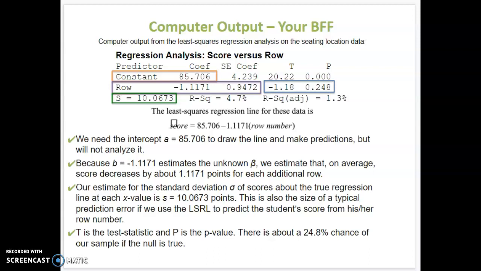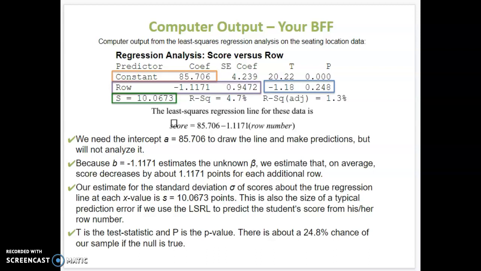And so if you take the slope and divide by the standard error of 0.9472, that gives us the negative 1.18, which is the test statistic that we saw. And then the p-value is there without me having to go to table B to find it. S is that standard deviation of the residuals again. R squared we could convert into a decimal and square root to get R. That would be easy enough.